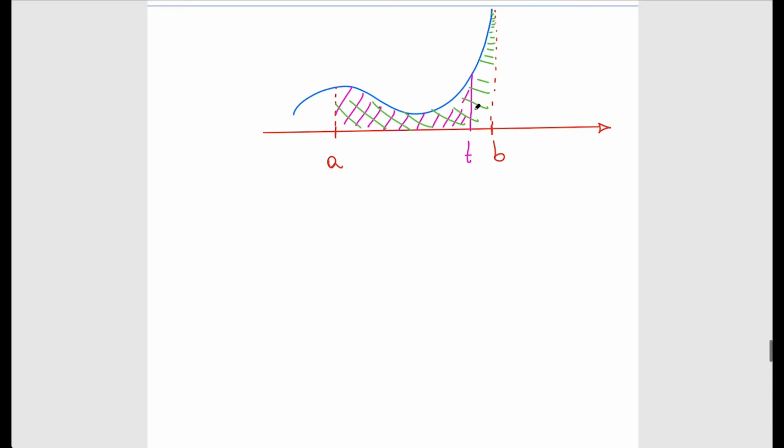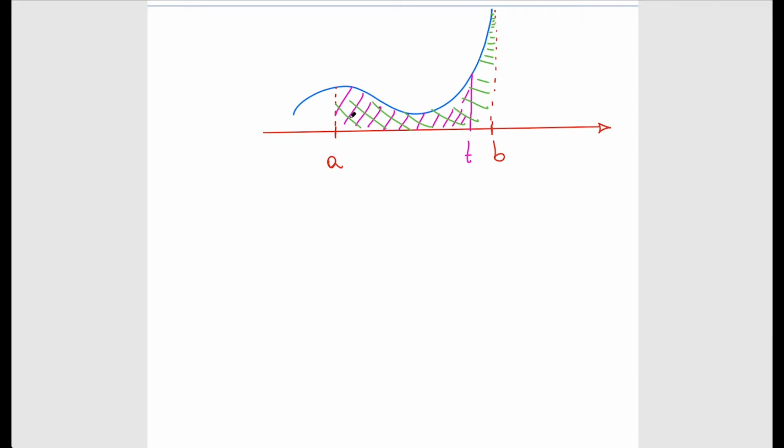In a vertical direction. So in the first type that we discussed, we had an unbounded region, but it was in a horizontal direction because the length of the interval was infinite. And here we have infinite, or unbounded, in a vertical direction, correct?